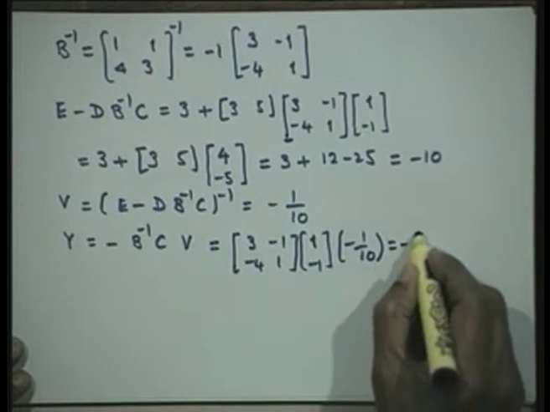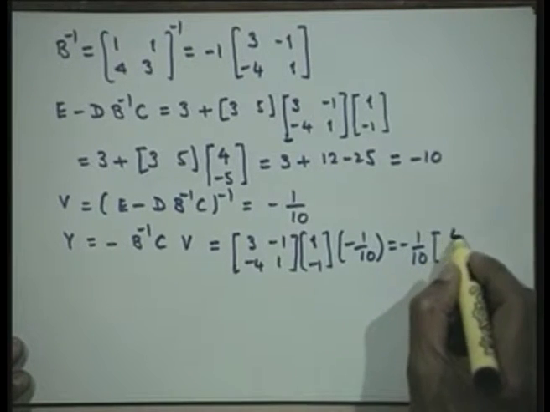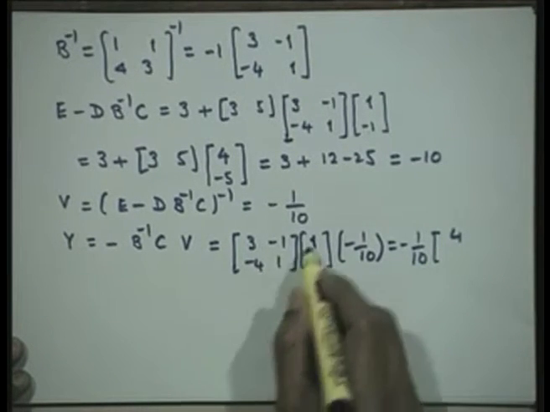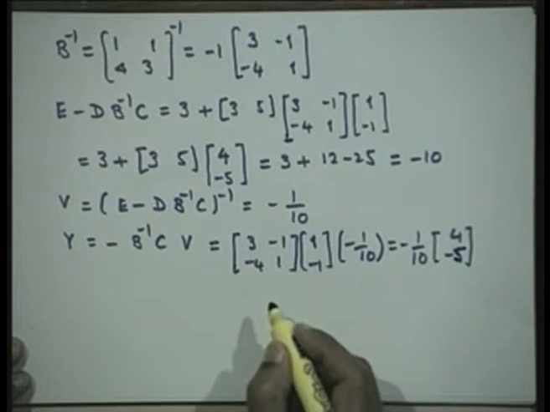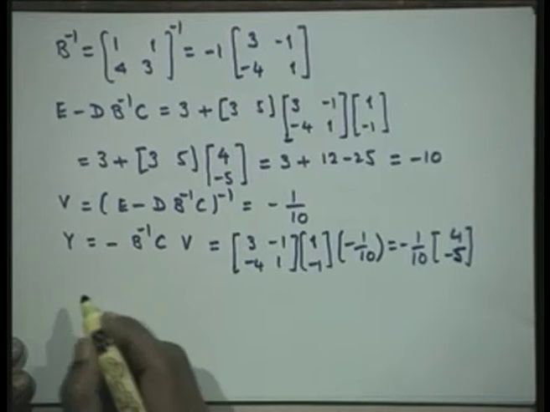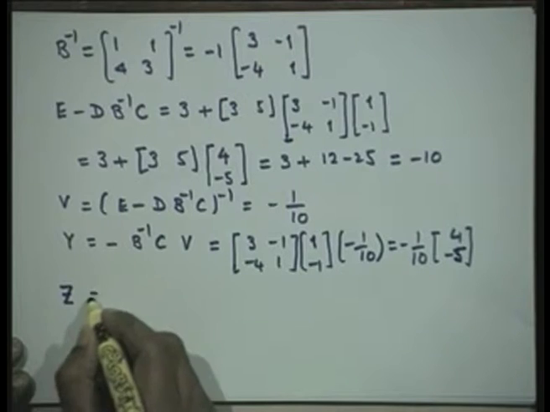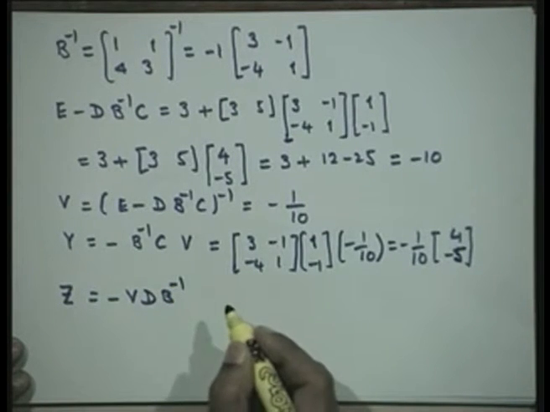Therefore, this is minus 1 upon 10, and this is 3 plus 1 4, that is minus 4 minus 1, that is minus 5, minus 5. Y is also now determined. Then we have shown that Z is equal to minus V D B inverse.